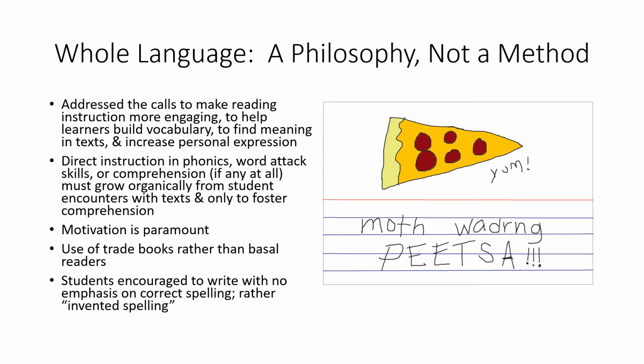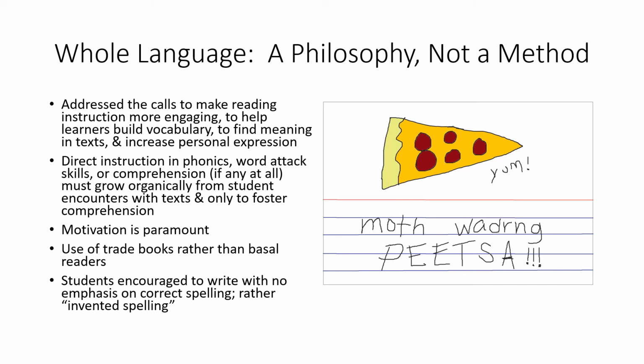The idea is to get kids excited about literature and get them wanting to read, and there was a philosophy that if they wanted to learn how to read, it would happen. They used trade books, really good children's literature, rather than basal readers. Basal readers tend to structure this from simple to complex and take readers along a progression of predetermined skill building, where trade books are all over the place.